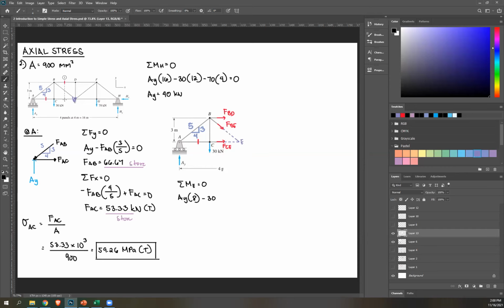Perpendicular distance to E, that's 4. Next, CE passes through E, so ignoring that. BE passes through E, so ignoring that. Lastly, BD, rotate about E, that's clockwise, so positive FBD. Let me extend that, and this is the perpendicular distance, which is equal to 3. So times 3. There's no other force, so equate to 0. Considering AY is 40, please solve what's FBD.